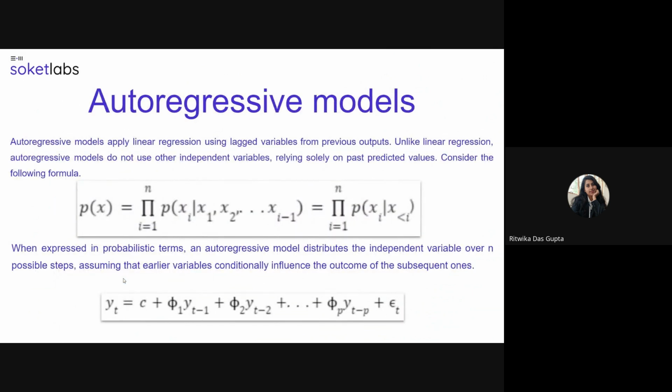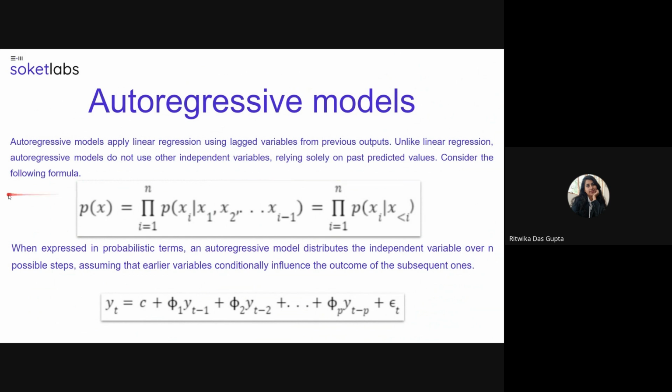An autoregressive model is basically like a linear regression model. It works like a linear regression model itself, but the difference is that in the autoregressive model we use independent variables which rely solely on the past regressive predicted values.